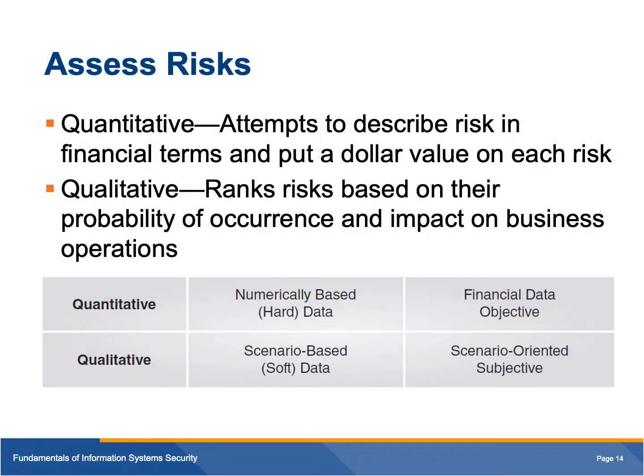So then we get into the aspects of how are we going to assess the risk? How are we going to be measuring this risk? And there's really two basic ways that we can do this. So quantitative, so putting a number to it, usually a dollar value typically is what is used here.